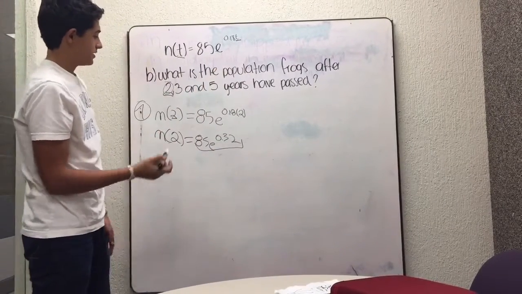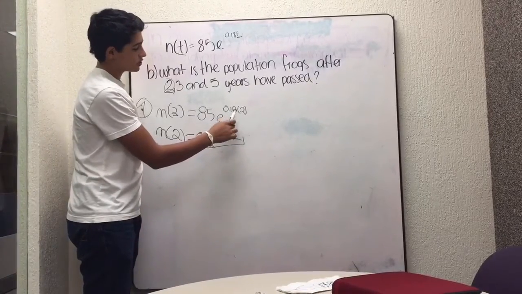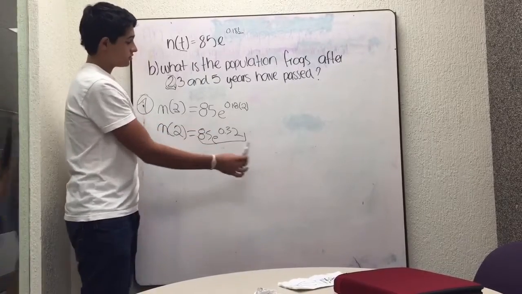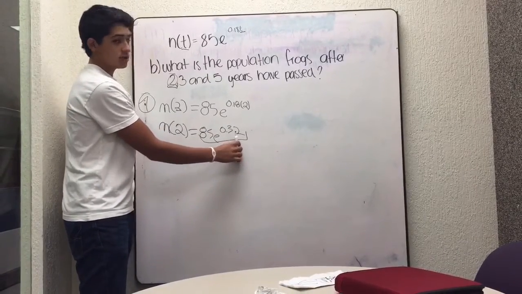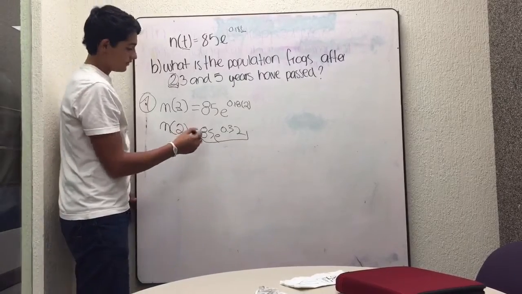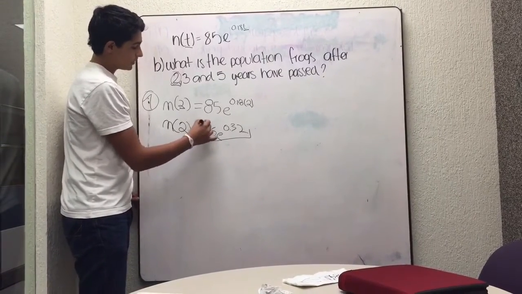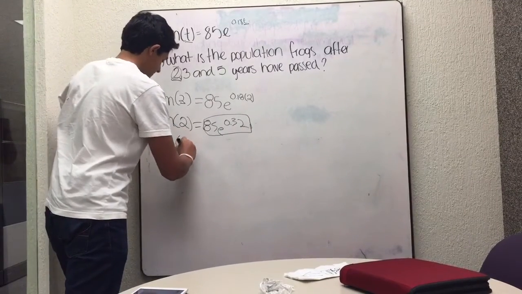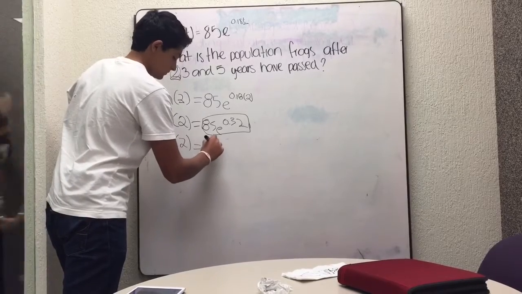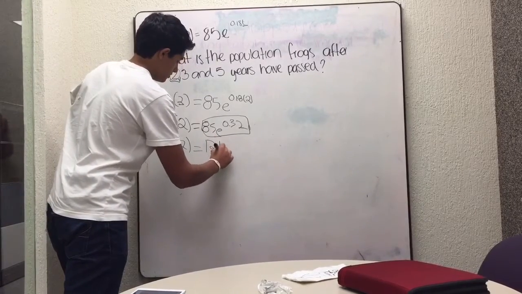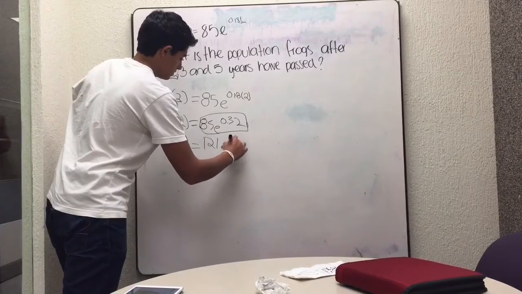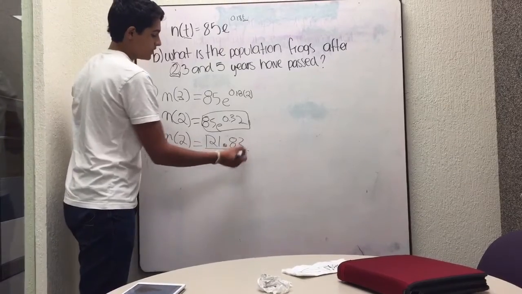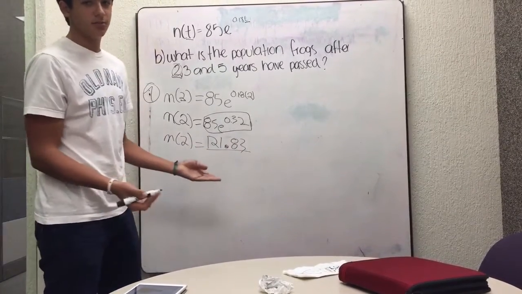After we do that, we multiply 0.18 by 2, and the result will be 0.36. After that, we solve this equation, which gives a result of 129.83, which means that we can have this number of frogs.